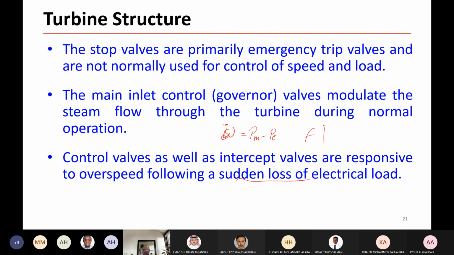So frequency will go up if Pe is going down. So we have here overspeed. In order to control this overspeed and bring the speed back to synchronous and the frequency to 60 hertz, you can play with the control valves and intercept valves that come from the reheat part.